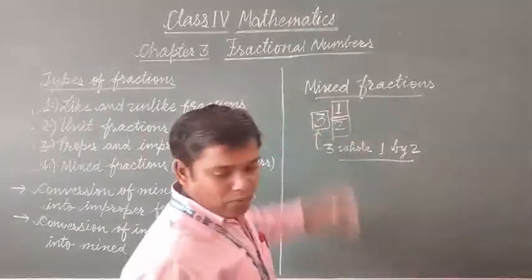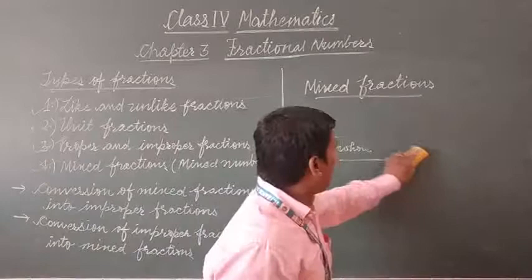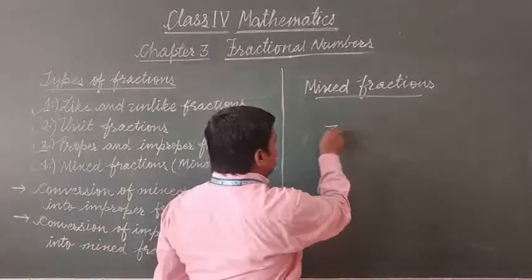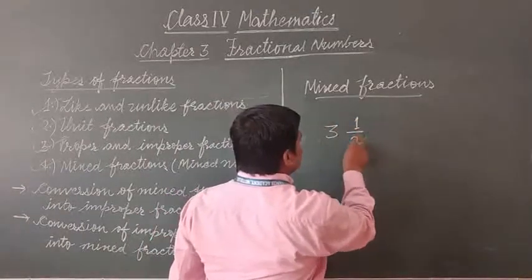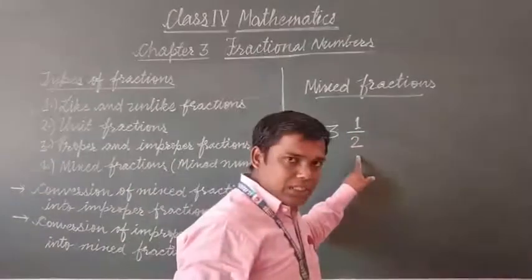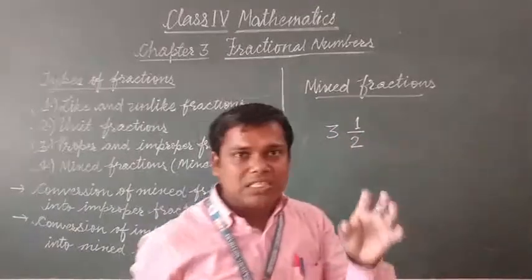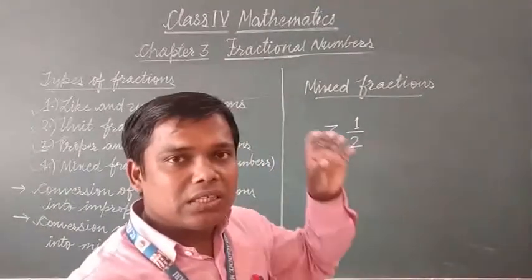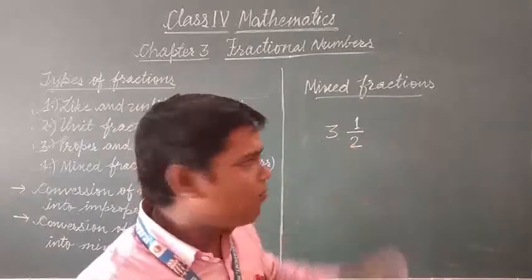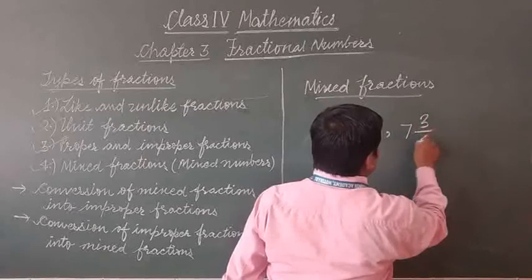So this type of fractions where we have the combination of a whole number and a proper fraction. You see 1 by 2 is a proper fraction because 1 is smaller than 2, that is, the numerator is smaller than the denominator. So this type of fractions are called mixed fractions. Another example I am taking is 7 whole 3 by 4.